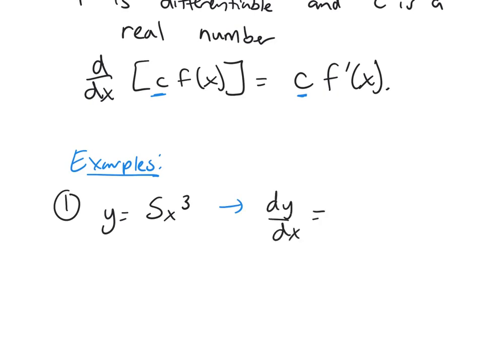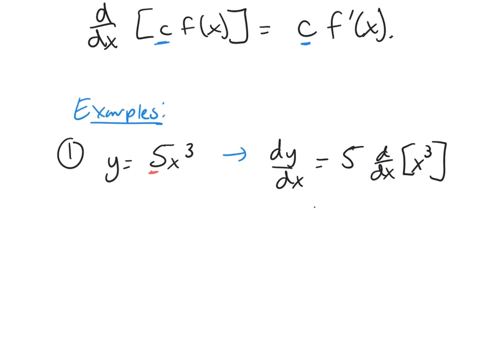According to the constant multiple rule, this 5 out here in front just stays the same, 5, and then I need to take the derivative of x cubed, and we're going to use the power rule there. So you'll get 5 times 3x squared, or 15x squared. So there's my derivative.